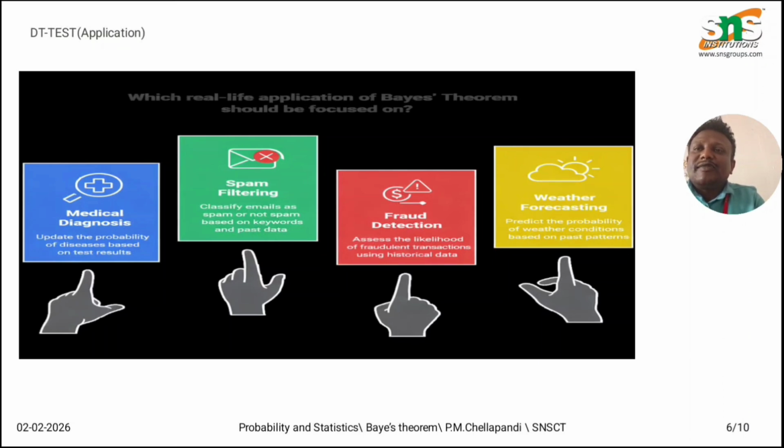Test accuracy: if a person has the disease, the test is positive 99% of the time, so P of positive given D is equal to 0.99. If a person does not have the disease, the test is still positive 5% of the time, so P of positive given not D is 0.05. We want P of D given positive. Okay.